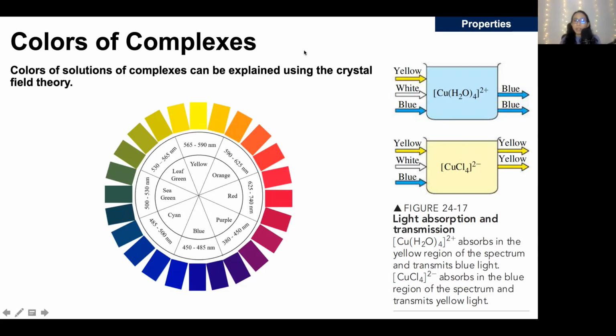Okay, so if you recall in our spectrochemical series, water is higher in the series. So chloride is on the weak field end. Water is in the middle. And these two are square planar complexes.